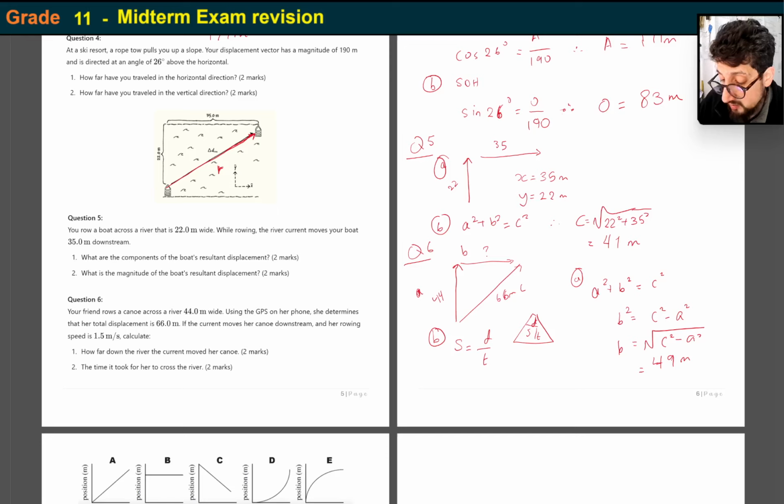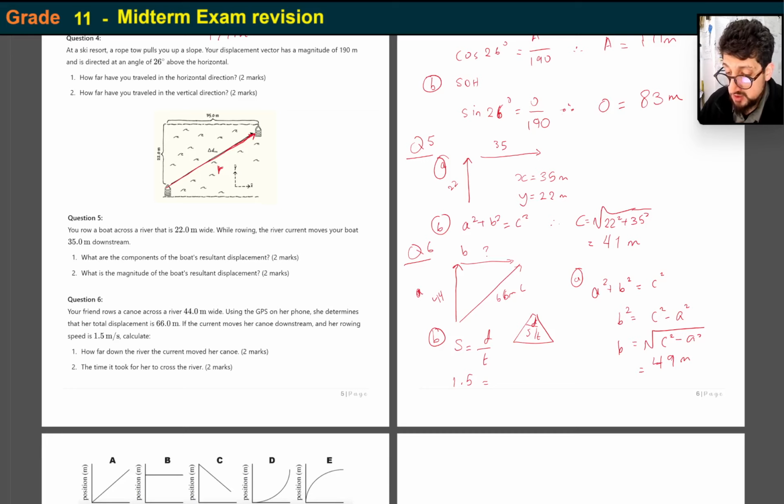The speed says 1.5, so 1.5 meters per second is equal to the distance it took her, which is, okay, so the distance here is going to be, right, I see. So which distance do we use? Do we use the C, or do we use A?